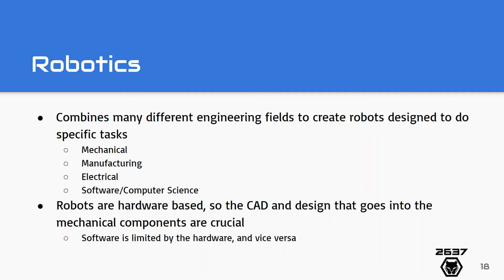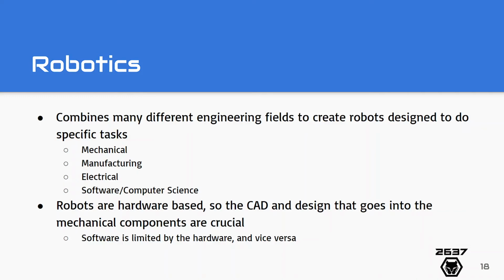Okay, so the next application, or I guess the first application, is robotics. Robotics is obviously building robots, but it combines many different engineering fields to create robots designed to do specific tasks.